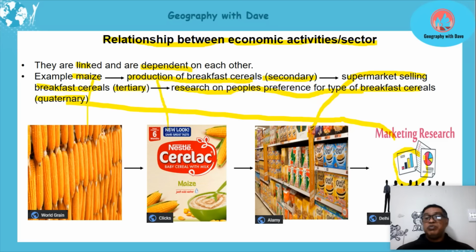So what happens now? There's an increase in production, which will have more raw materials, more cereals will be produced, more will be placed in the shop to be sold. If it decreases in terms of demand, the opposite will happen. Can you see how linked they are, like how I did my little lines running everywhere down here. I hope you have your breakfast cereals every morning. I do.